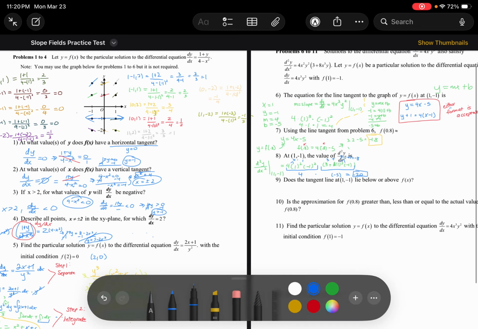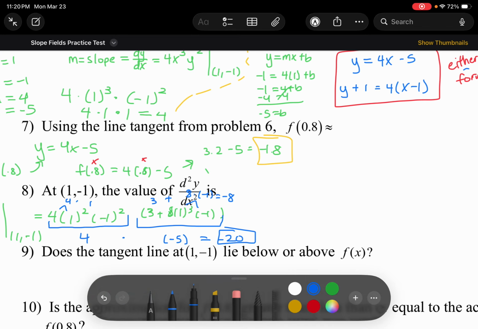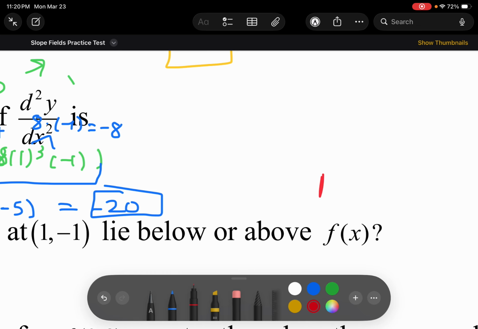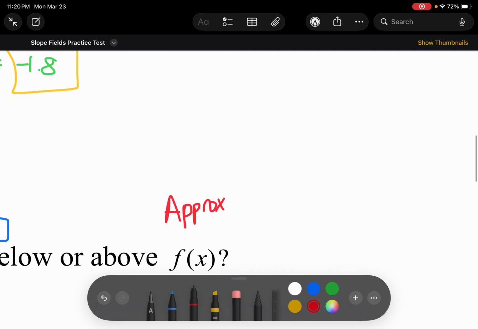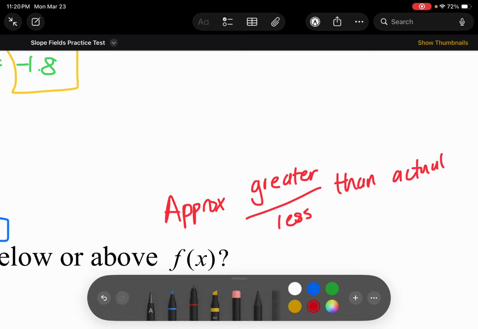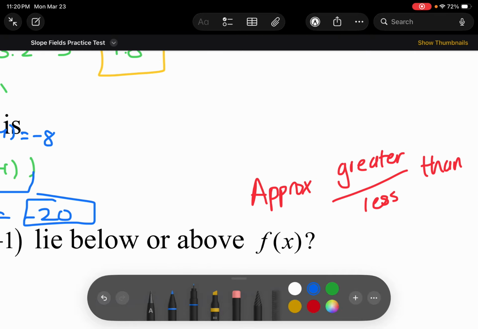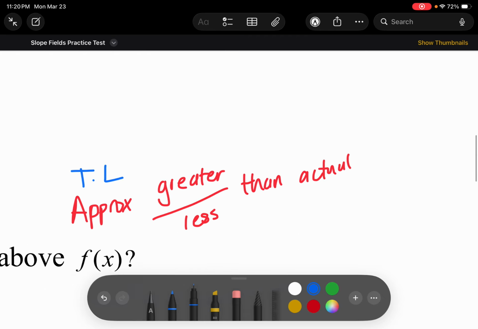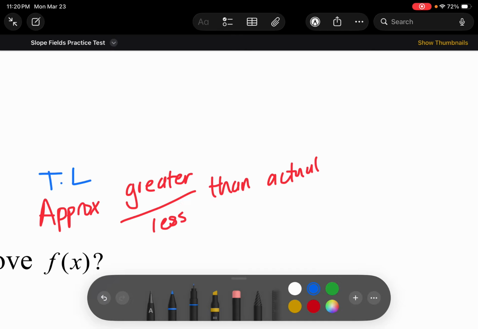So is your approximation greater or less than actual? So in other words, your approximation is your tangent line and your actual is your second derivative.